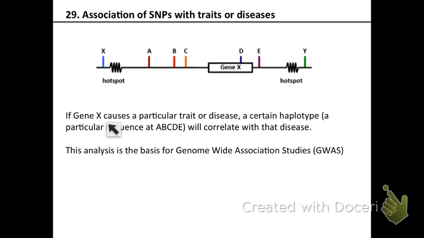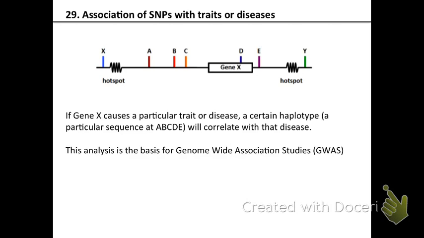All right. So if a gene X causes a particular trait or disease, then a certain haplotype, so that's basically a particular sequence at A, B, C, D, E, will correlate with that disease. What that means is that, for example, if there is a mutation of gene X here, that sequence is always going to be linked to the particular sequences at the A, B, C, D, E SNPs that are going to correlate with this disease.